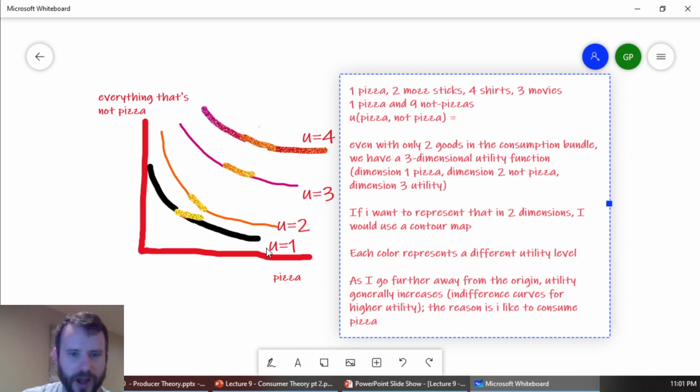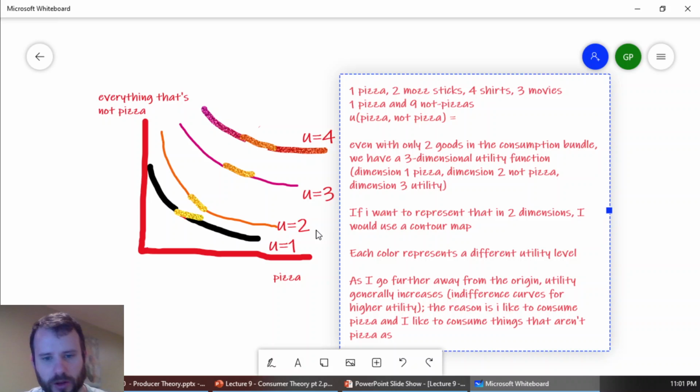And I like to consume things that aren't pizza as well. So the further up I go, the more things I'm consuming that aren't pizza, and since I like those things, I get a higher utility. So my overall indifference curve should increase in utility as I go further away from the origin.